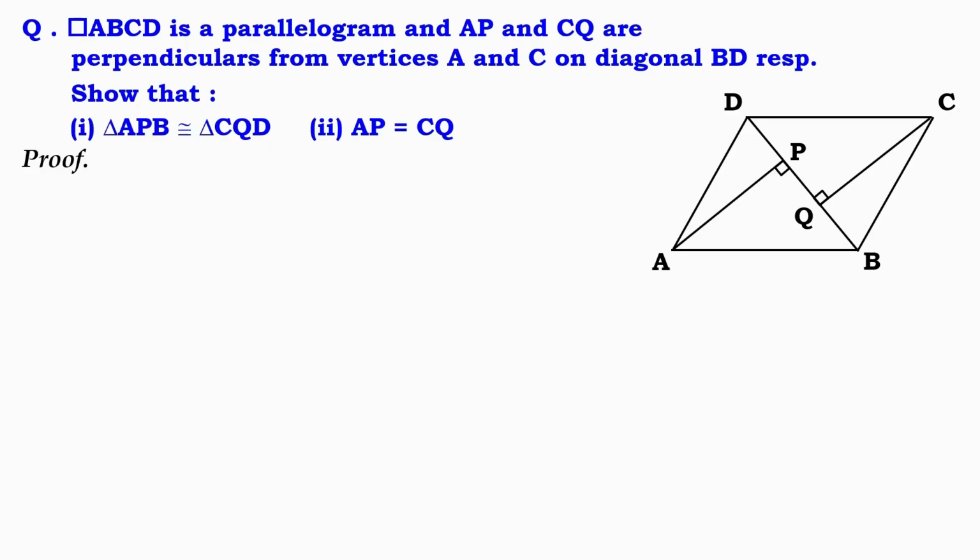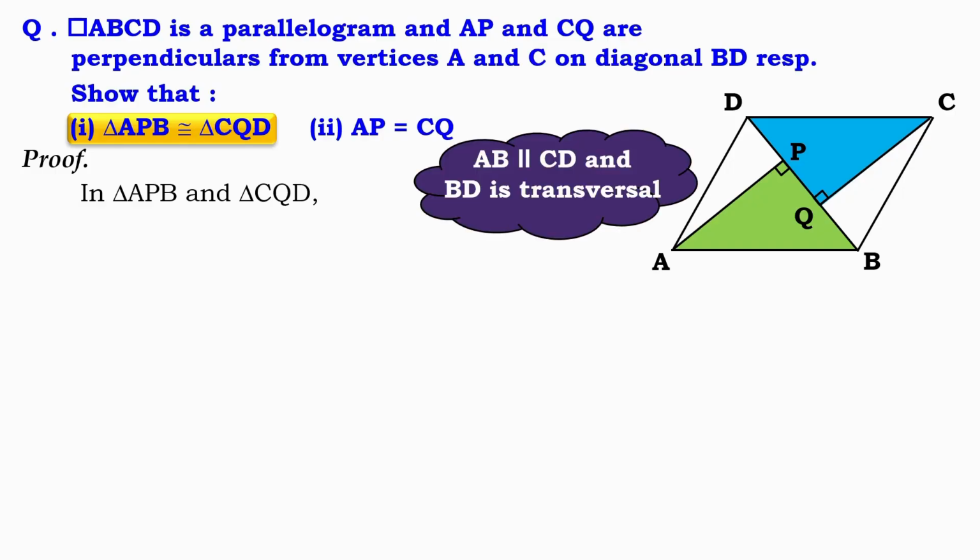Okay. So now let's take a look at how we are going to prove it. ABCD is a parallelogram, given, and another piece of information given is that AP and CQ are perpendicular. So let's draw the line. Now we need to prove triangle APB is congruent to triangle CQD. In triangles APB and CQD, AB and CD are parallel lines and BD is the transversal, correct?